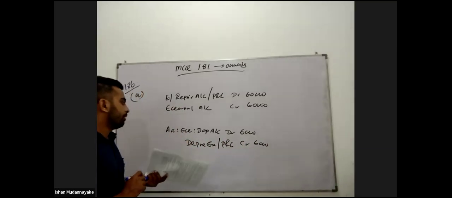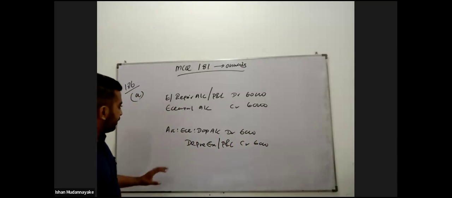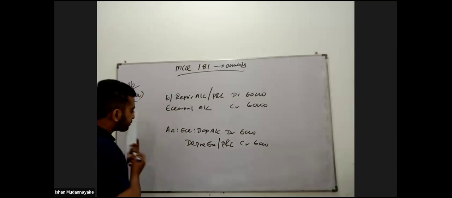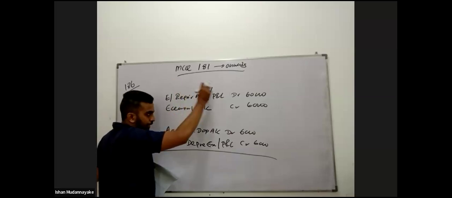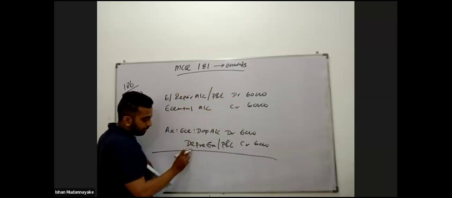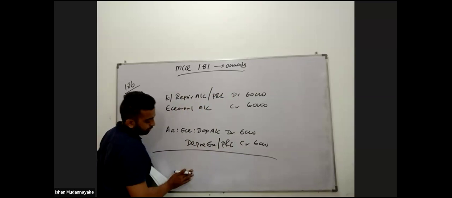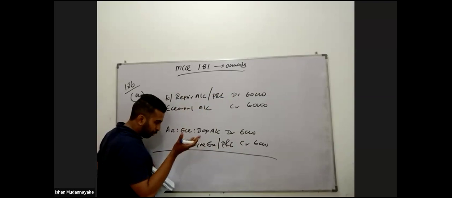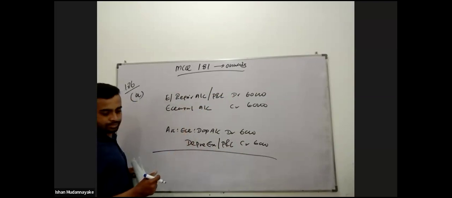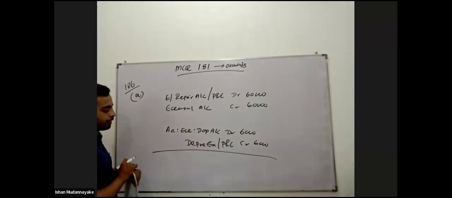Now here, equipment repair account or profit and loss account debit 60,000, and then here again P&L credit 6,000. They have provided 6,000 depreciation here, and they have already calculated the profit of the business organization.